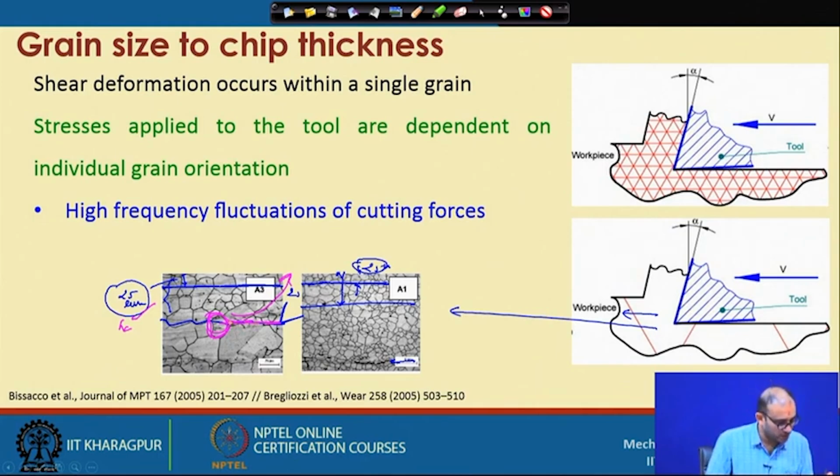The only other way is that your tool will jump in this direction, which depends on the stiffness of your machine tool, which we will discuss in more detail in the components of the machine tool. But right now we consider the machine tool stiffness to be very high. In that case it will not jump over this part, but it will cut the grain here. So your forces will be very high in these cases. So here force will be high.